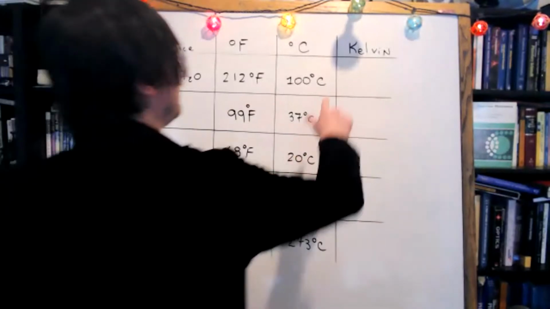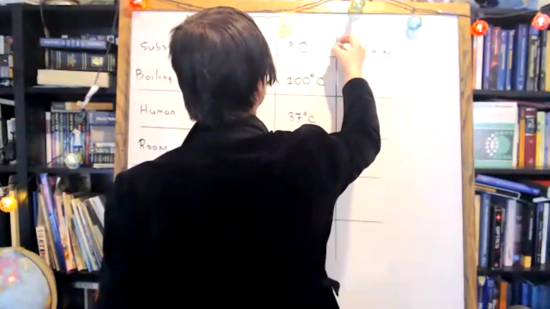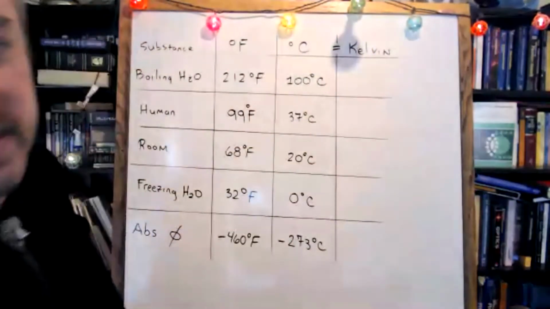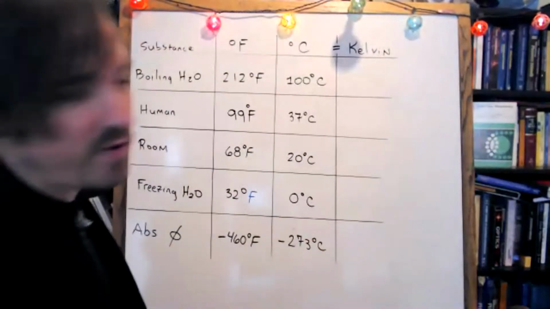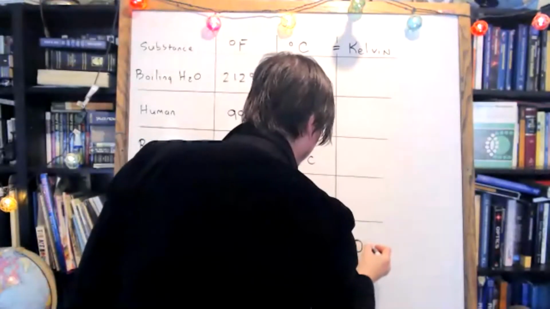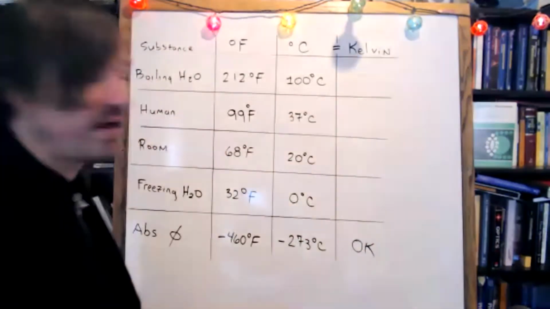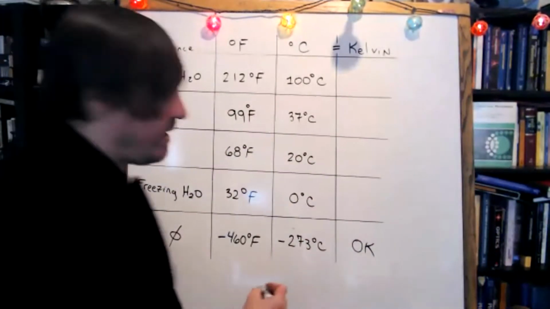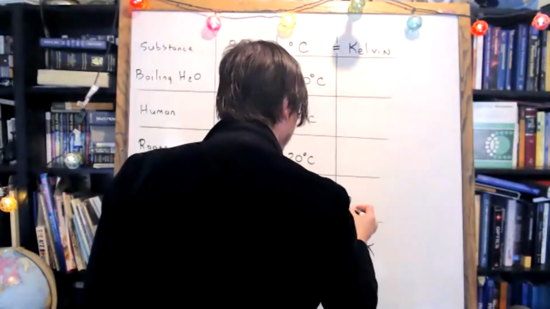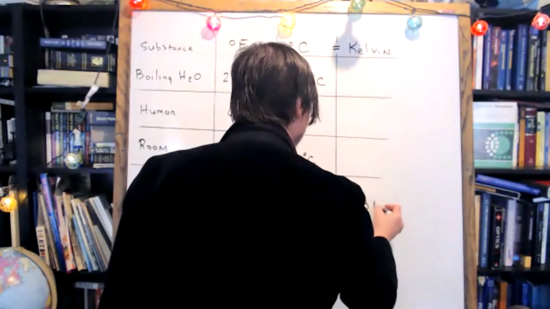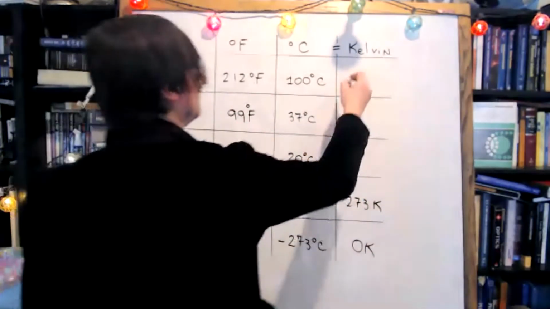So Kelvin is the same thing as Celsius, but the only difference is that you shift the 0 point to absolute zero. So 0 Kelvin is absolute zero, and that means freezing water is positive 273 Kelvin.